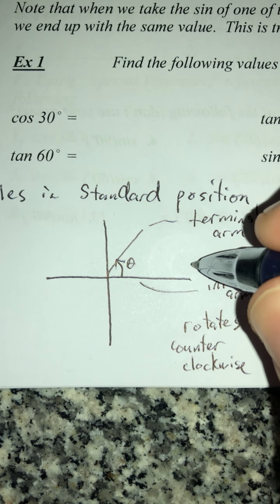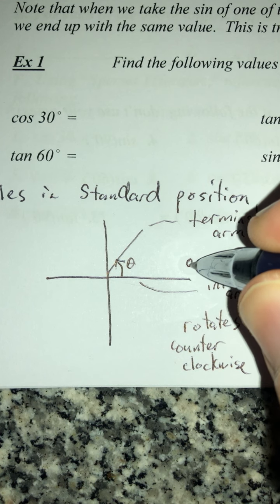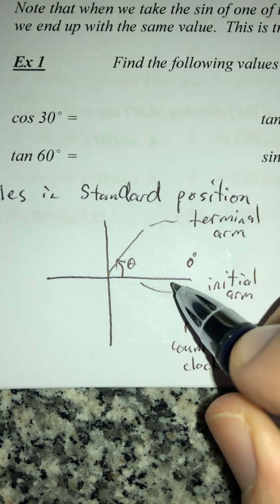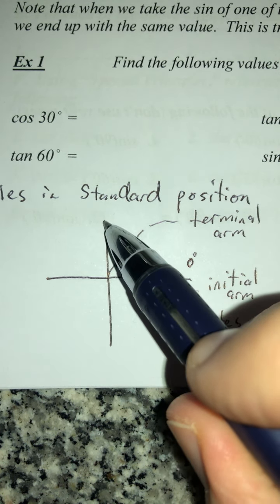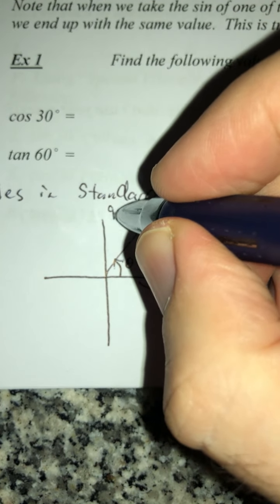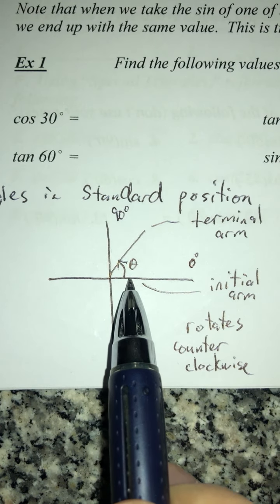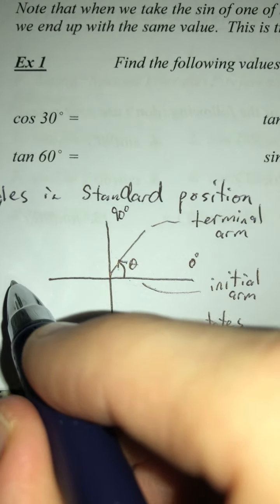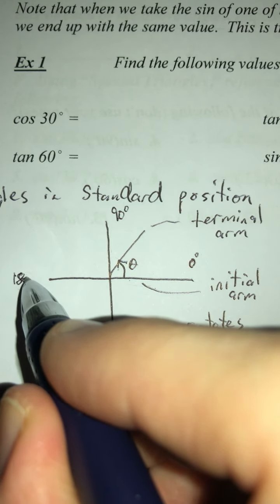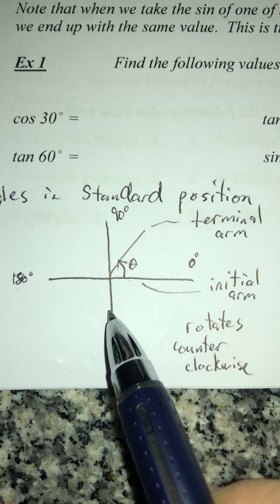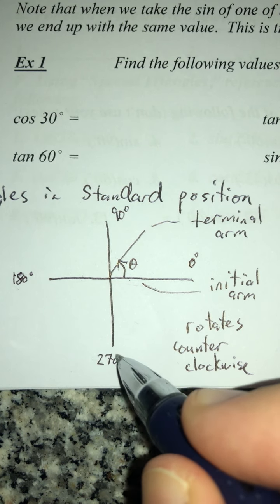And so if I started this arm, this would be at 0 degrees if you're at the x-axis. If I rotated up till here, this would be at 90 degrees. If I've rotated all the way around to here, this is 180 degrees. If I keep rotating another 90, this is at 270.